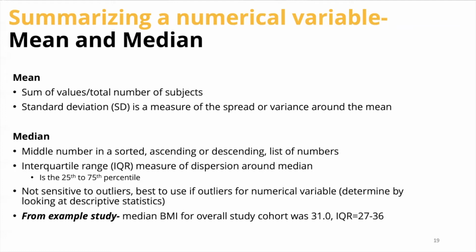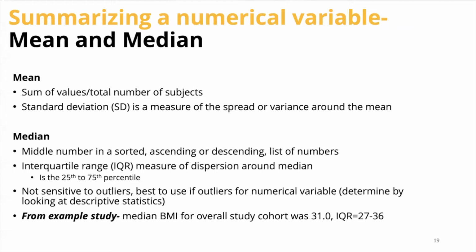You typically want to calculate the median when you have a lot of outliers in your study, because the mean is very sensitive to outliers. With the median, you usually also calculate the interquartile range, which is the measure of dispersion around the median. You're typically going to report the 25th percentile and the 75th percentile. And as I said, it's not really sensitive to outliers.